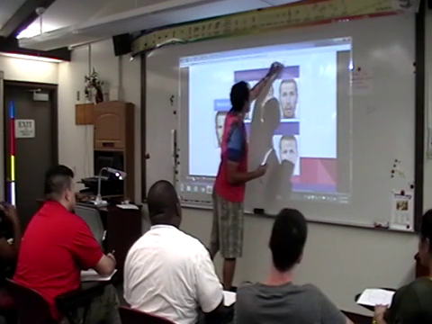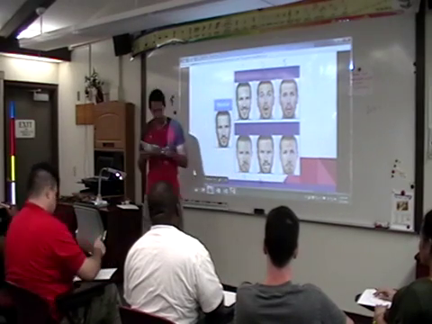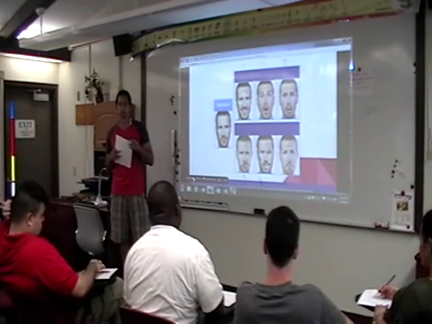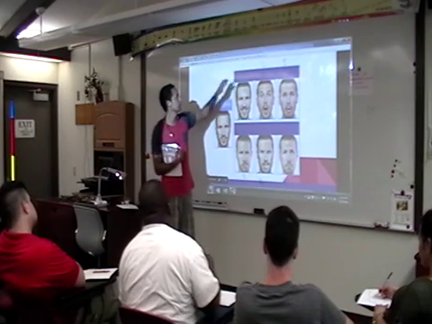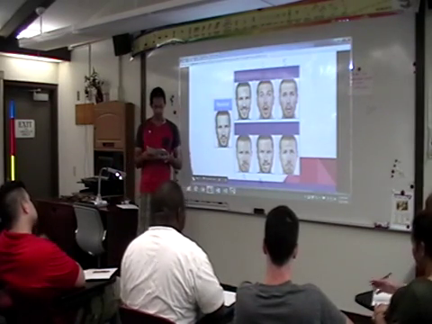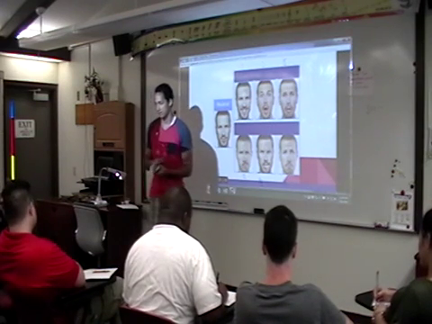Okay, so we have 6 expressions: happiness, surprise, fear, disgust, anger, and sadness. I want you to take those 6 expressions and put them in the right number. I'm going to give you a minute and a half. Within the clock. Okay, ready, go.